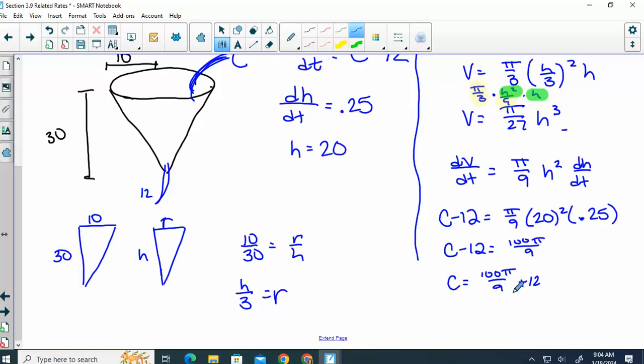So definitely not pretty, but we get this constant rate, 46.9066, or you could have left it in terms of pi.